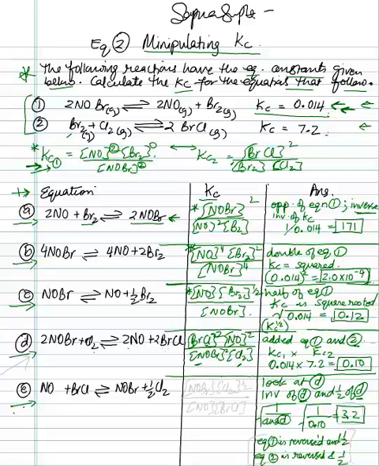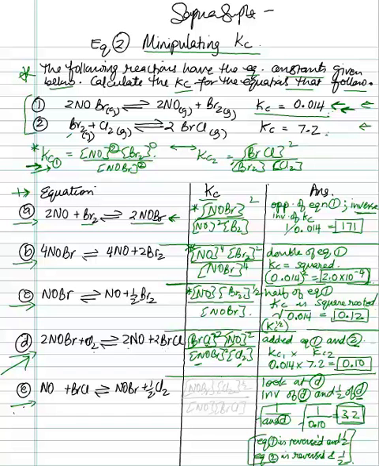And if both of the equations are reversed and half, then that's the only way to do this: inverse the Kc values and then take the square root of them, which is exactly what we've done over here using the answer from D. Because we had already done this problem in D before, all we had to do was inverse that and square root it. Hopefully it's all clear.